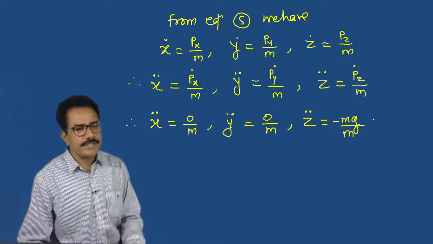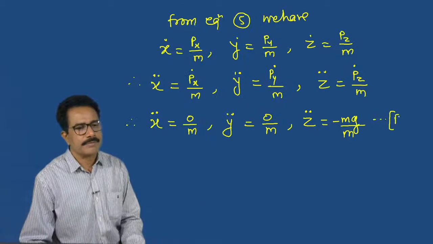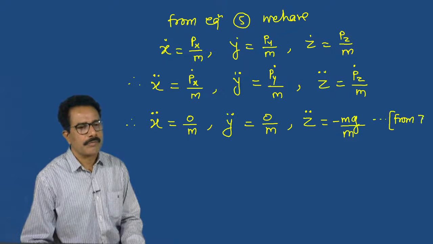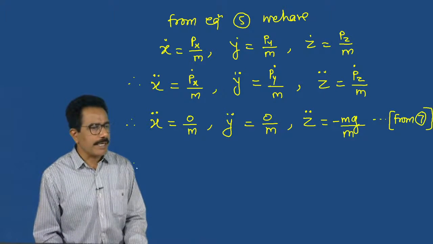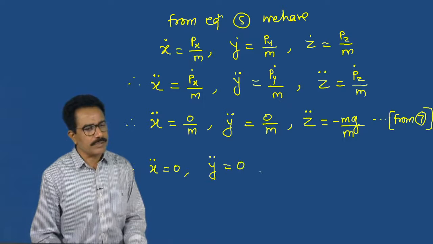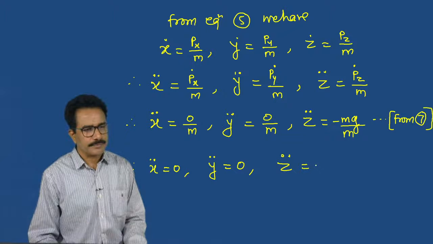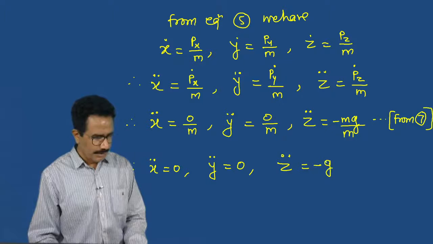We can write this from equation 7: x double dot equals 0, y double dot equals 0 and z double dot equals minus g. Right.